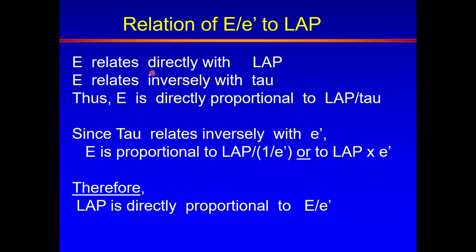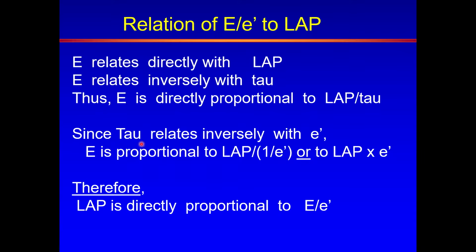And we put things together and you say the mitral E relates to the left atrial pressure, as you saw in Dr. Chung's work, and it relates inversely with the time constant, and so we can see that E is directly proportional to the ratio of atrial pressure divided by the time constant.